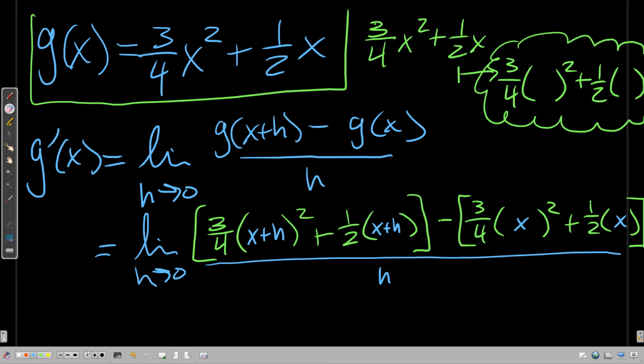So the brackets that I have are extraneous. They were there just to help you see that it was a difference of two things, and that those things were identical.